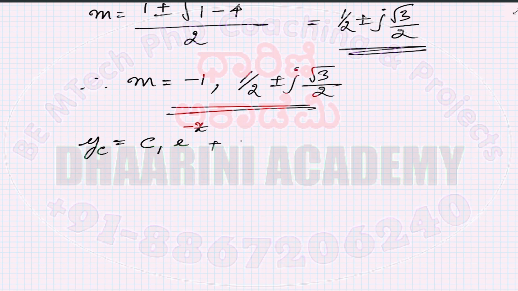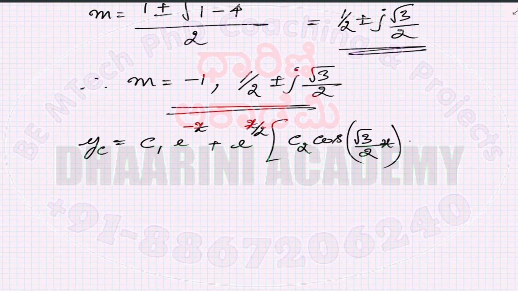That's why we write e to the power, the real part, that is x into 1 by 2, that is x by 2, into, take a constant c2 cos root 3 by 2 x is the first term, plus another constant c3 into sine of root 3 by 2 x is the other term. All right, so we got the yc directly.